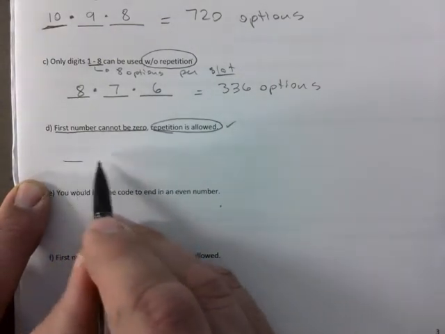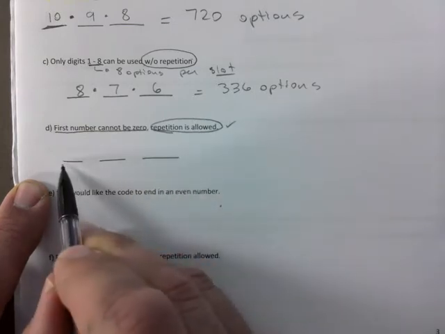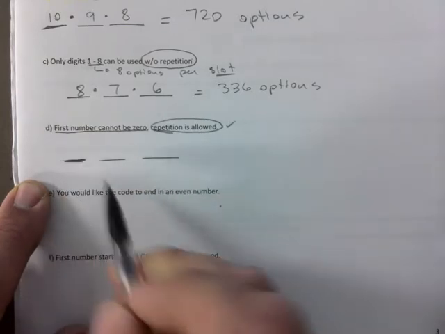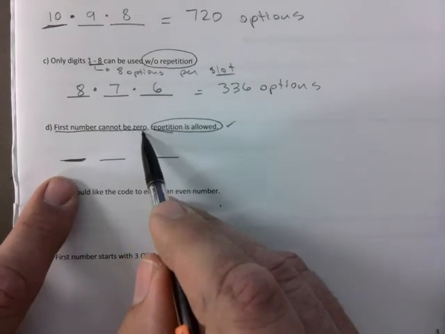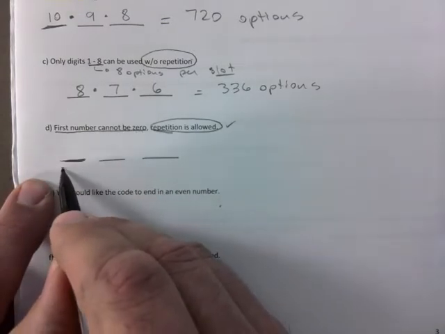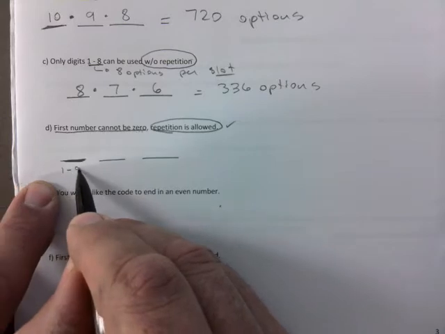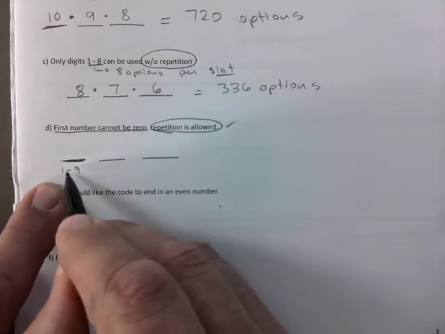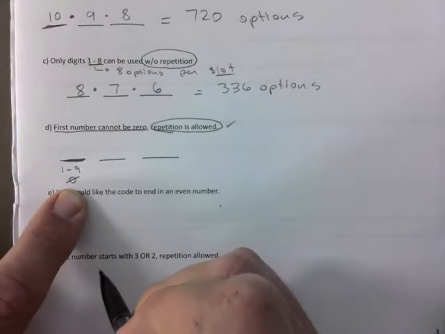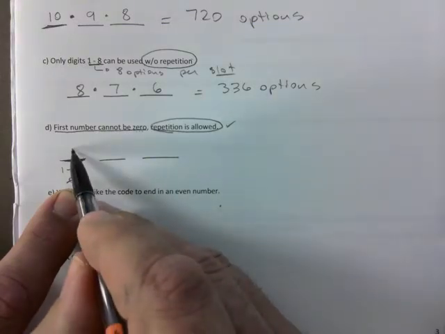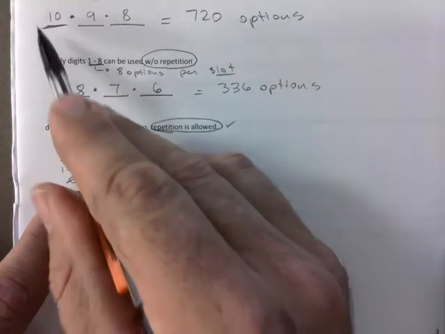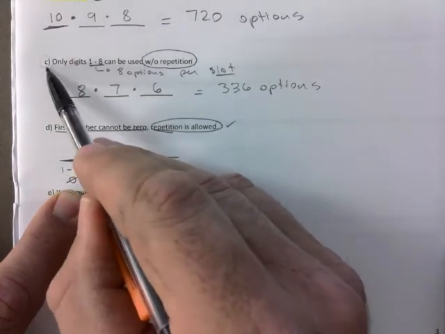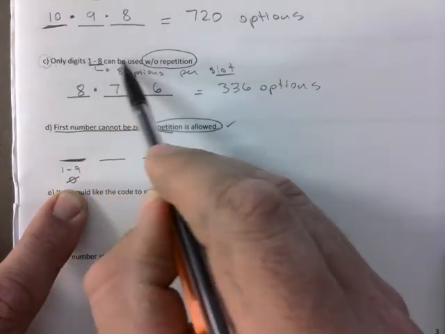So let's go back to our code. If the first number cannot be 0, you basically only have 1 to 9. That's all you have here. 0 cannot be it. You're like, wait a minute, Mr. Nixon, you just said 1 to 8 here. If it's part A, B, C, the 1 to 8 only applies to that question.